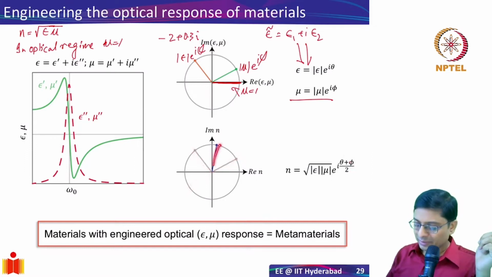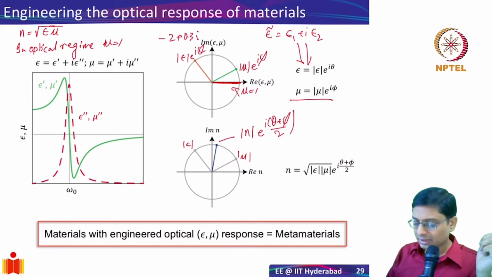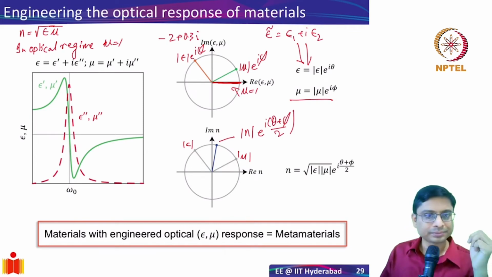So it will be somewhere halfway between them. If this was my mu and this was my epsilon, my refractive index is going to be the blue one here. So this is my refractive index, magnitude of n, e to the i times (theta plus phi)/2.